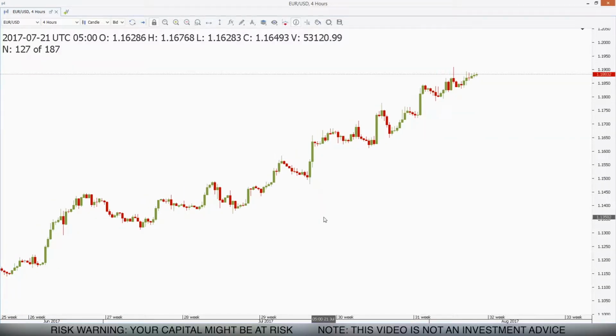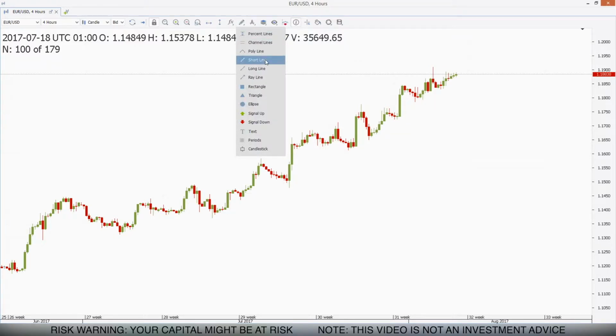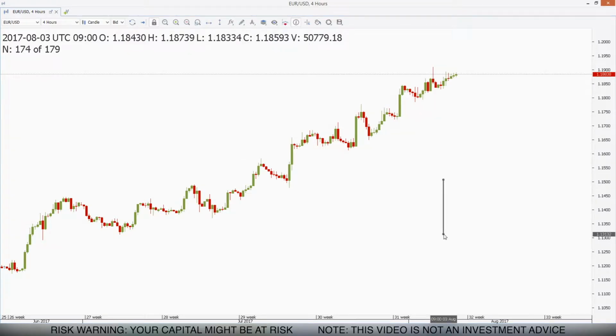A reversal pattern with the Japanese techniques can be either a single candle or a group of candles. The most representative ones of them all, and every trader knows, it's called the hammer. A hammer candle looks like this. So let me go and take a short line here. So a hammer candle looks like this.